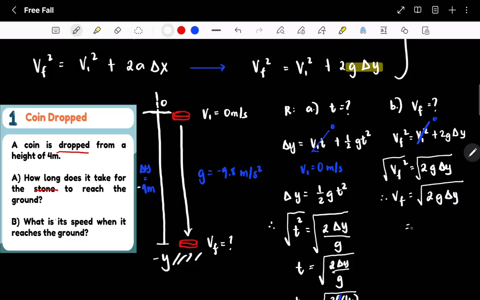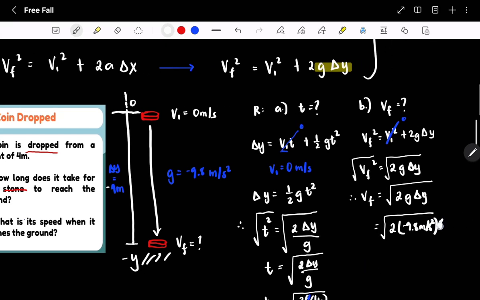And then you can just simply substitute the square root of 2 times the negative 9.8 meters per second squared times negative 4 meters. Hang on, let me just correct that. Times negative 4 meters.